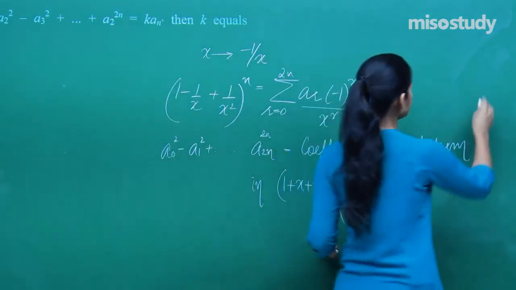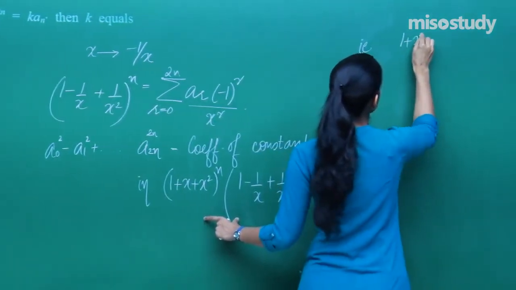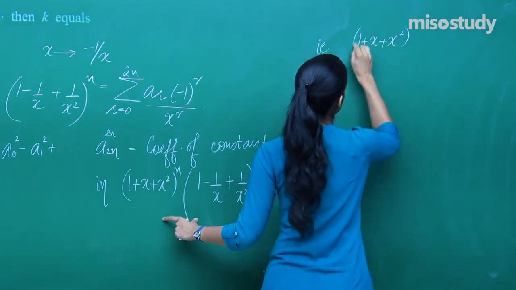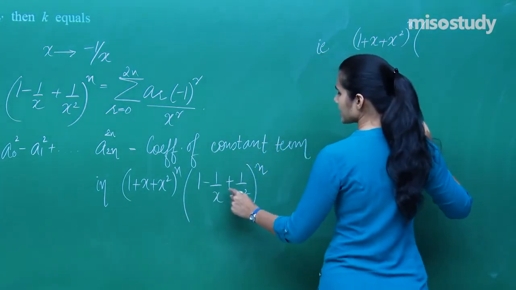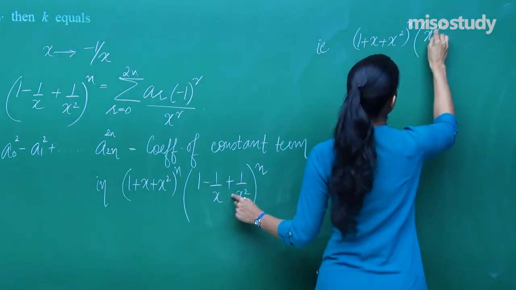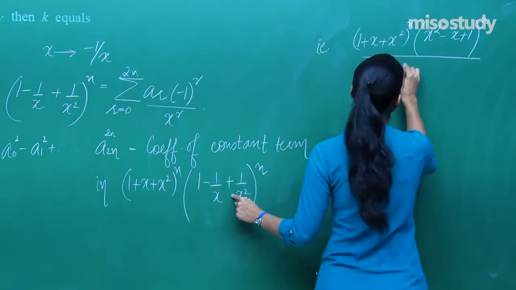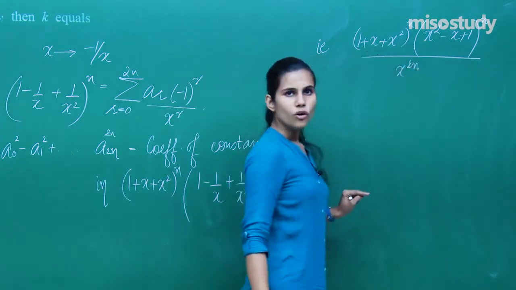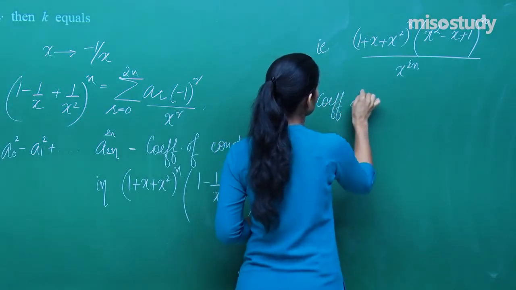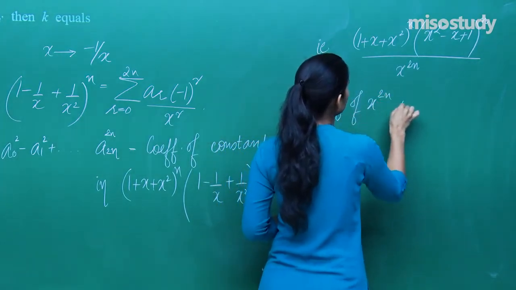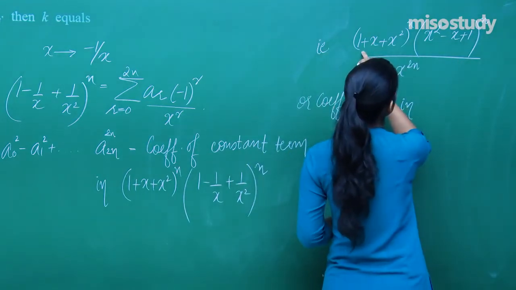That means what is this expression equal to? This is 1 plus x square whole to the power n, and this is x square minus x plus 1 whole to the power n whole upon x to the power 2n. Or I can say it is the coefficient of x to the power 2n in this expression, which is a plus b, a minus b.